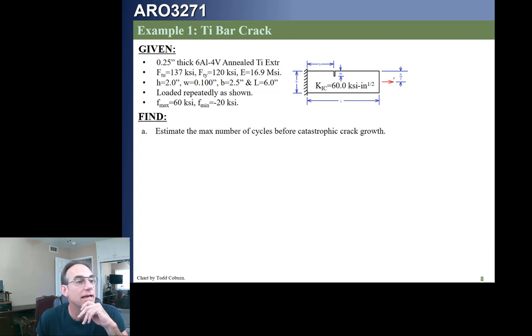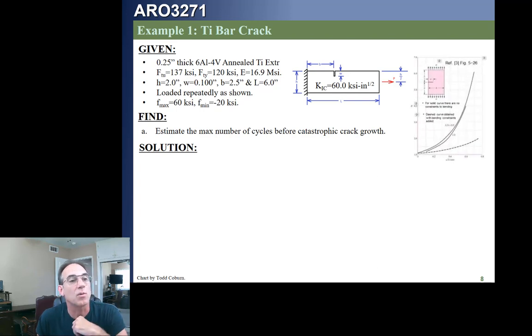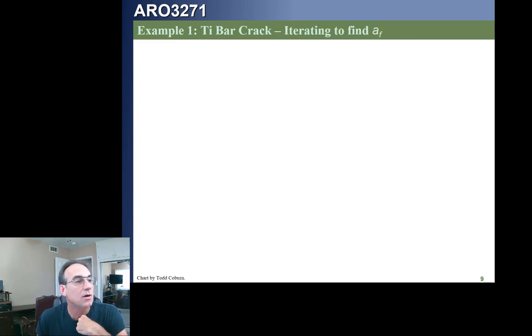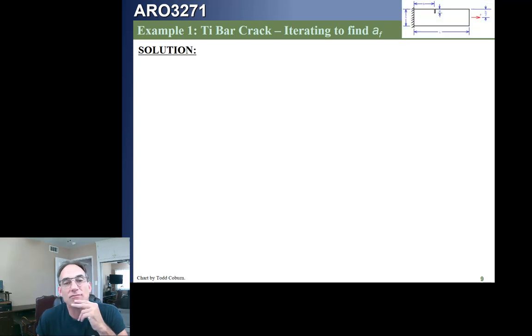Let's say we want the number of cycles before catastrophic crack growth. Here's our approach. We use this figure to calculate our beta, like this. That's our initial beta, and now we need to get our final beta. Actually, the two methods that I gave you are slightly different.